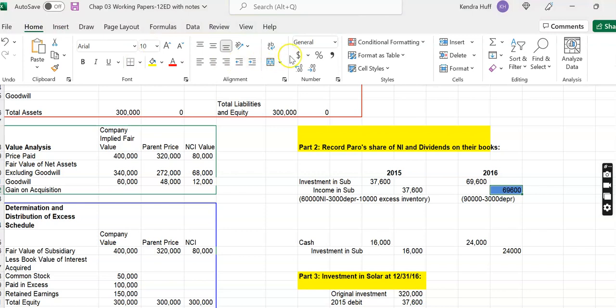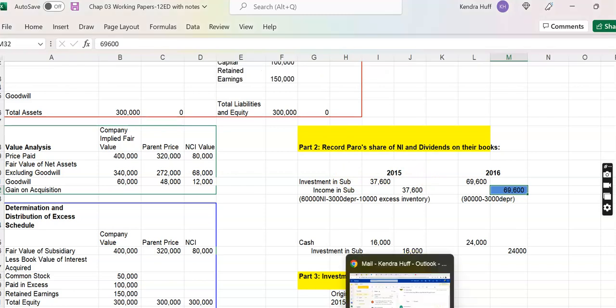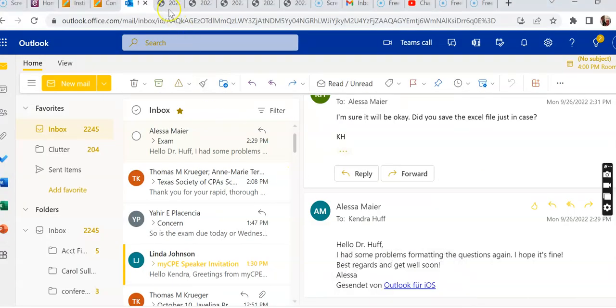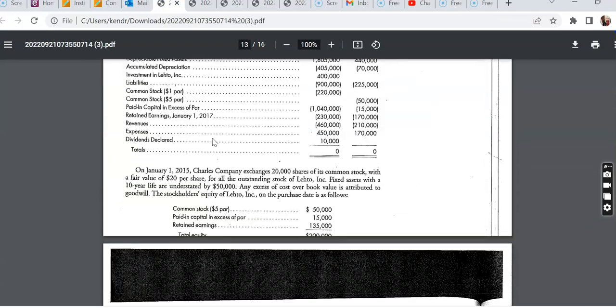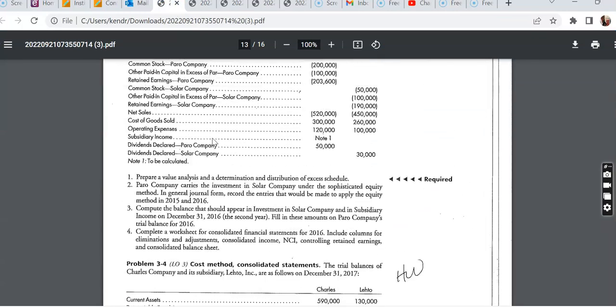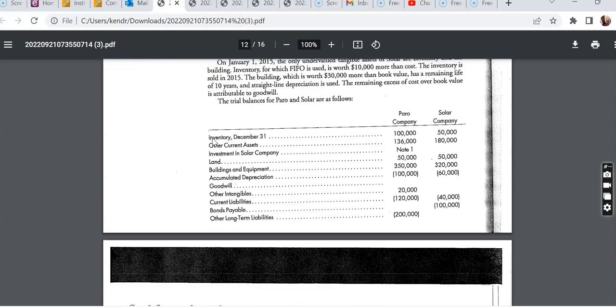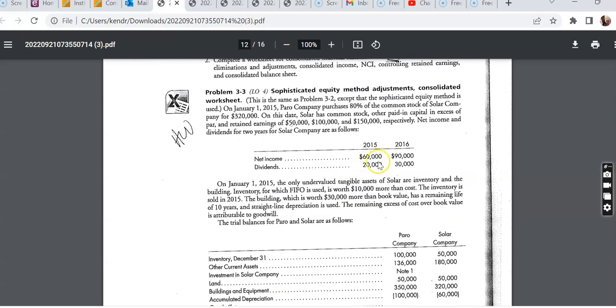Okay, so they showed us, and let me, I guess, pull up the question. This is number 3. All right, so here was their net income and dividends for the 2 years.